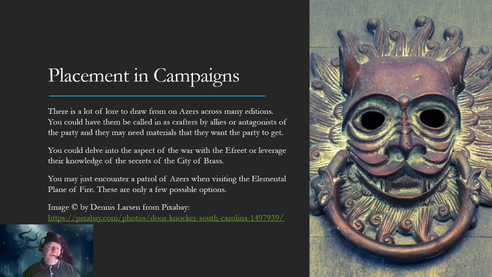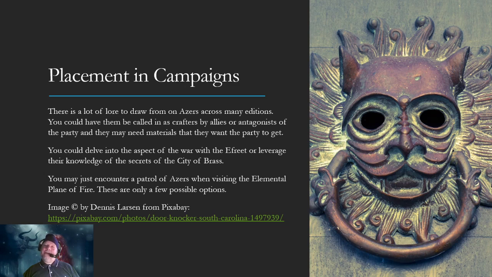And if you're on the elemental plane of fire, just minding your own business, going along, you may just run into a patrol of Azer if you stray too close to one of their fortresses or to one of their kingdoms. And if you're carrying a lot of gems, the Azers may be like, "Nice gems you got there.